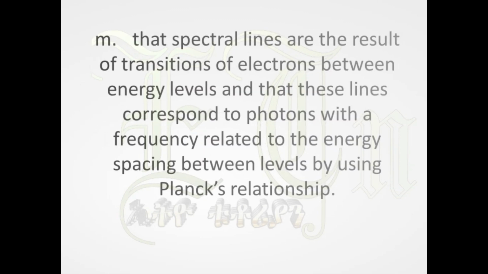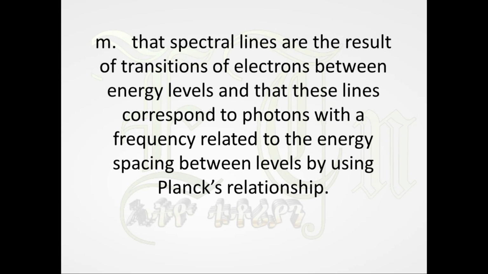M. that spectral lines are the result of transitions of electrons between energy levels, and that these lines correspond to photons with a frequency related to the energy spacing between levels by using Planck's relationship.